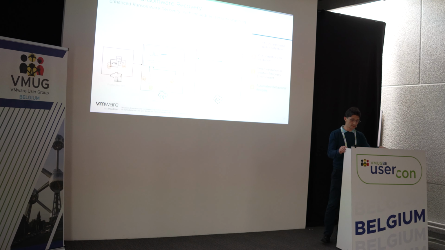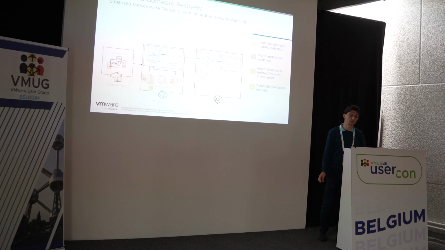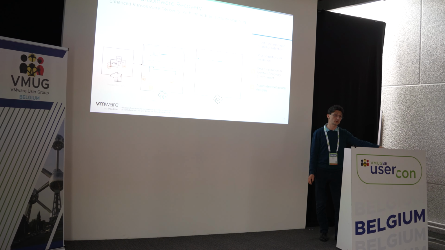So you pick a snapshot, and the next thing you get for free is the isolated recovery environment. It can be just running. If you have ready hosts in the cloud, obviously you pay for that. But it can also be spun up on demand.